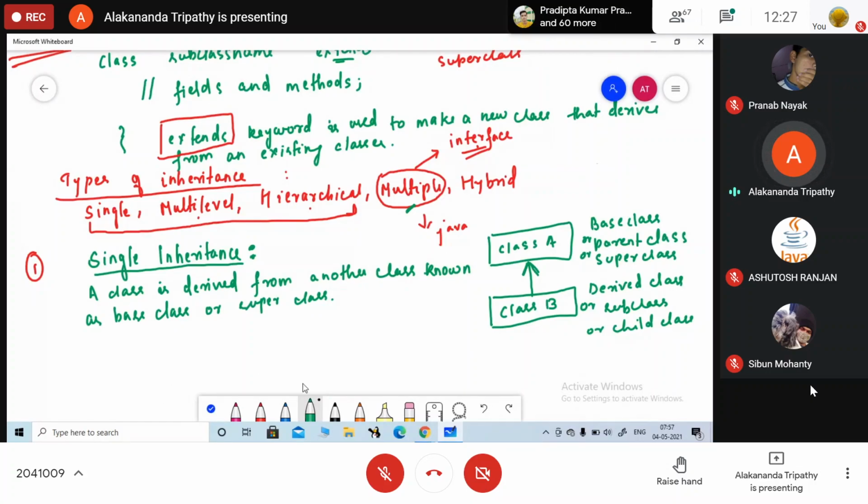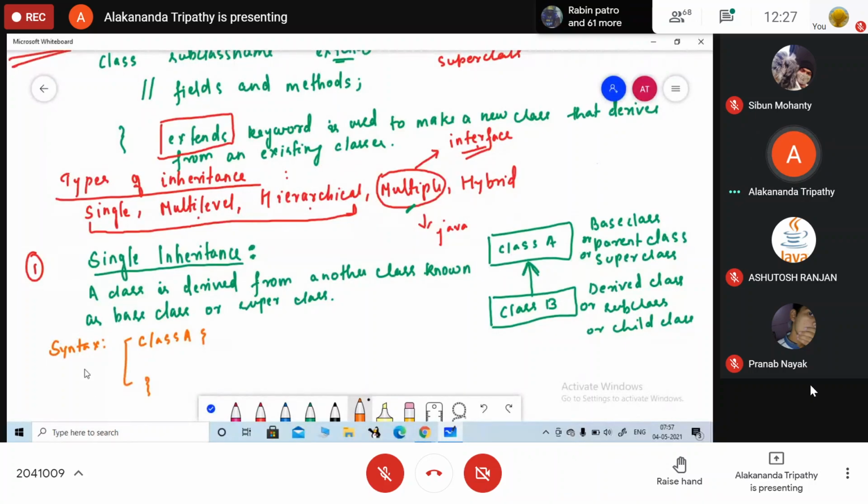I will show you one by one all the examples. Up to this part, you are over. Syntax. Here I am writing the syntax. Class A. ये कौन सा class हो गया? Okay.